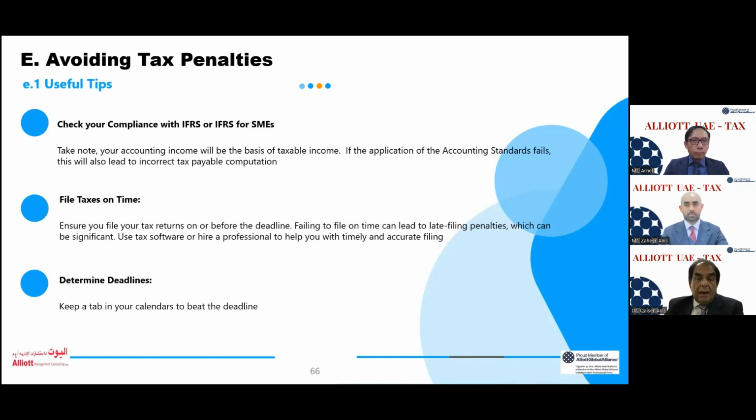And if you do not have the resources, then approach any consultant like Alliott. We can prepare the tax planning for that account and guide you, and that will be a big peace of mind, because accounting records are a very important subject.